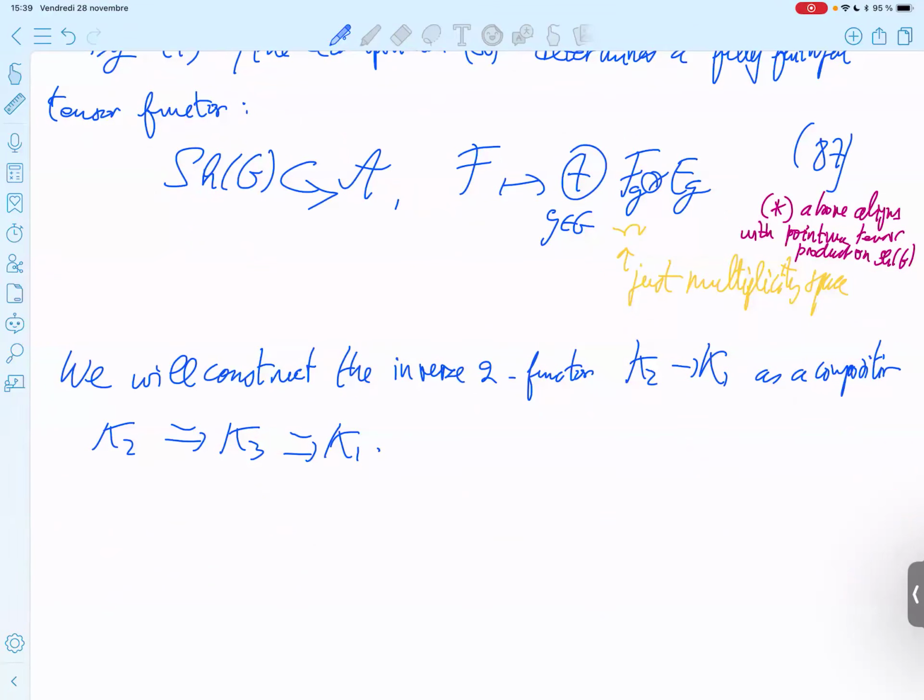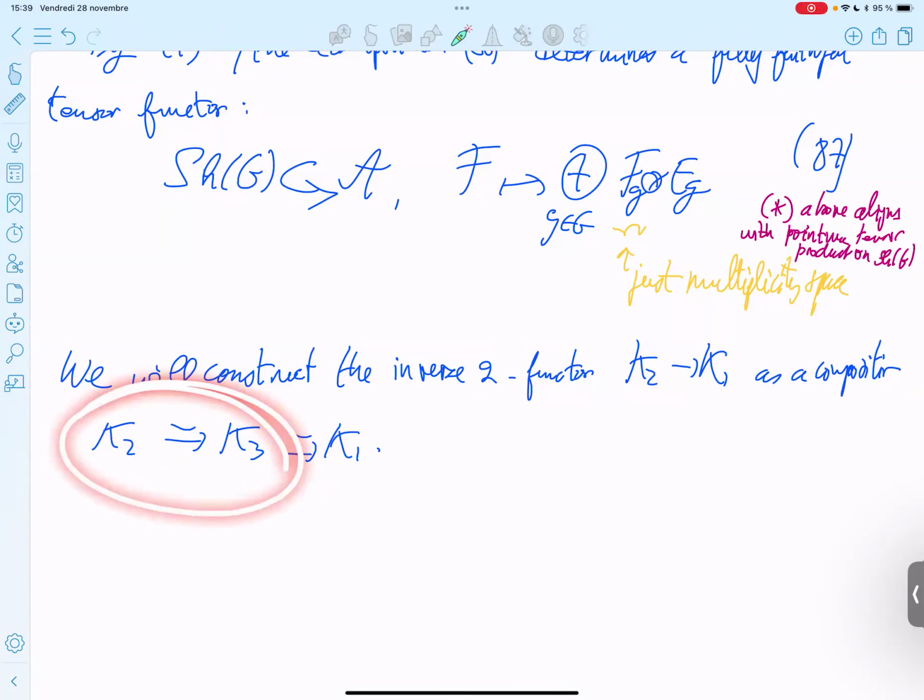So the following lemma will provide this functor. Not yet the equivalence, but just this functor.